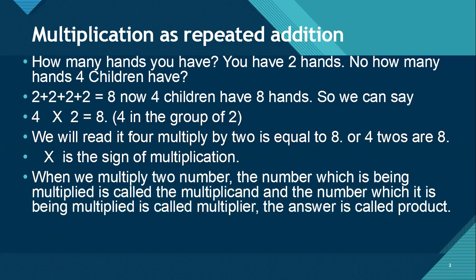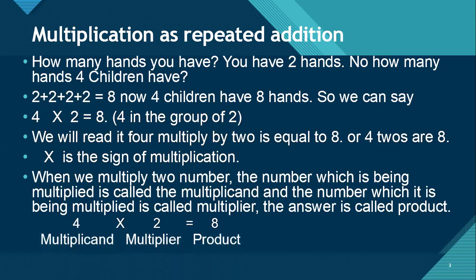When we multiply two numbers, the number which is being multiplied is called the multiplicand, that is 4 in this case, and the number by which we multiply is called the multiplier, that is 2 in this case. 2 is the multiplier, 4 is the multiplicand, and the output answer is called the product.